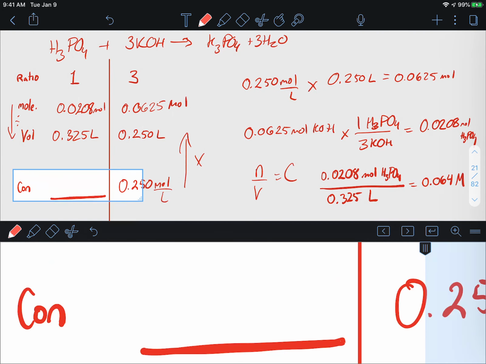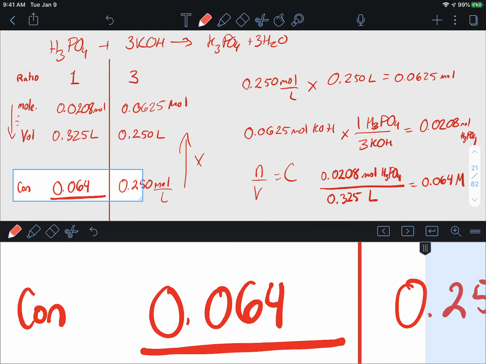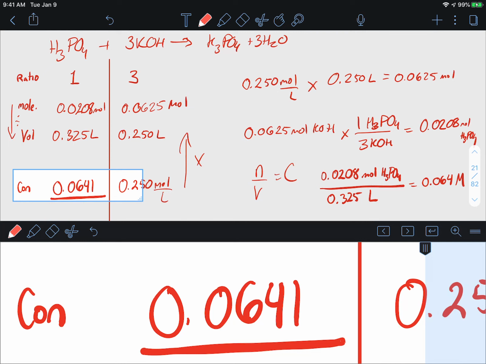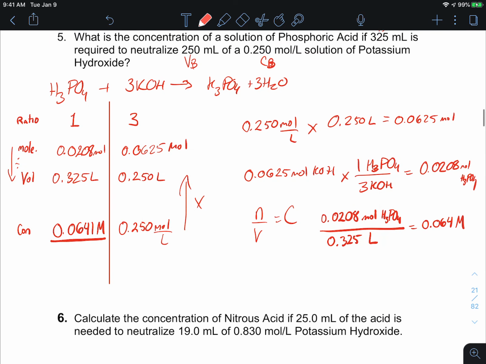Okay, and that goes over here, 0.064. I actually have enough for one more significant figure, so I'm going to put 1 here because I see everything else has 3 significant figures, so I can carry that through.